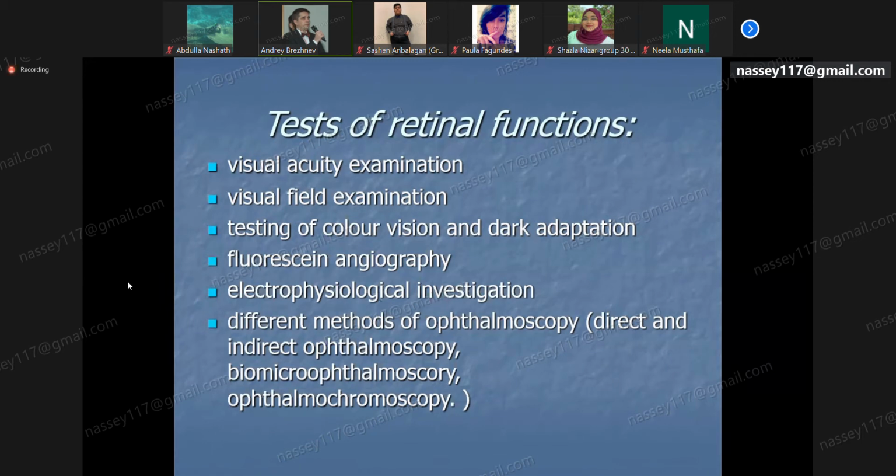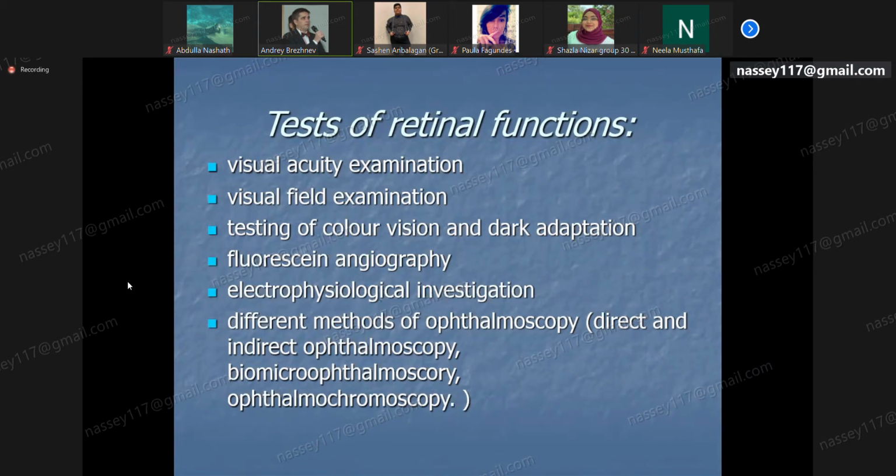Additionally, we can use electrophysiological methods of examination, electroretinography, electroencephalography, electrooculography, different methods by which we can check the electrical activity of the retina and make a conclusion about the severity of the pathological process in the retina, and sometimes make a prognosis for the development of the eye and for the recovery of visual functions.